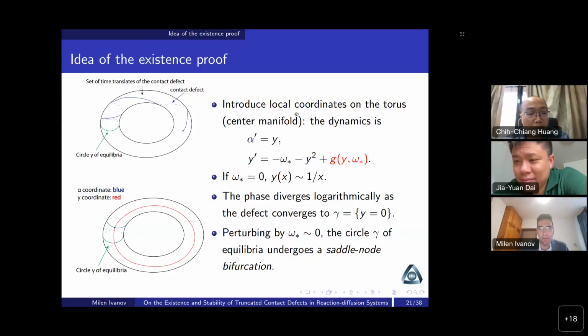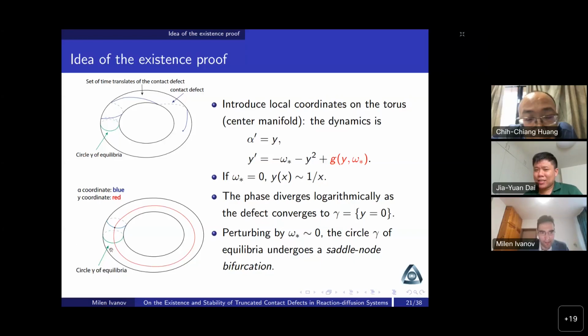So one can compute the local coordinate, the reduction on the center manifold, and see that alpha prime is y, and y prime is this. I should have first said what is alpha and what is y. On the center manifold, y is the vertical motion, and alpha is the motion by the time translation. One can extend the local coordinate y, which is defined over here, to the whole torus.